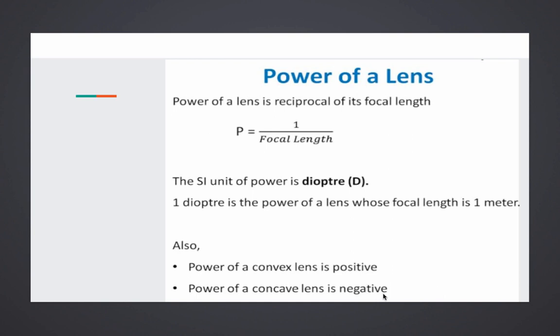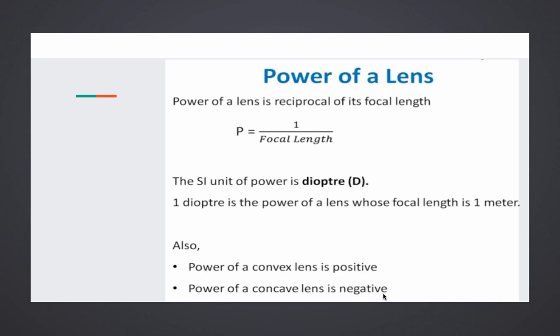The only thing left now is V, because the magnification part and the height of image and object I have already discussed with you. When the image is in front of the lens, we will take it as negative.